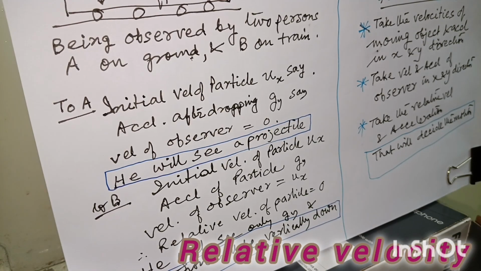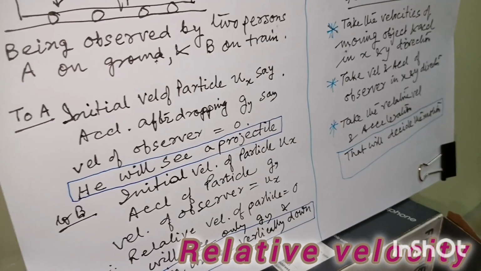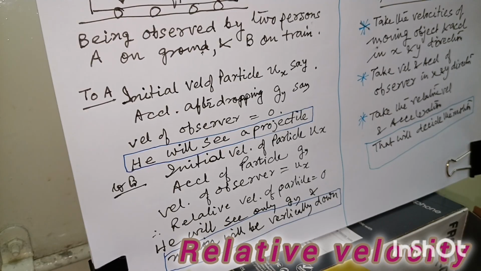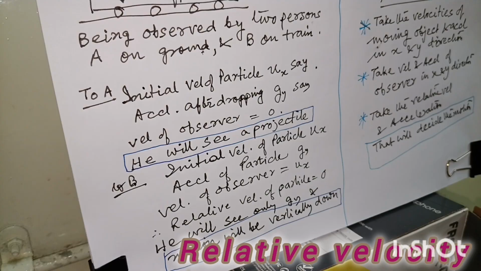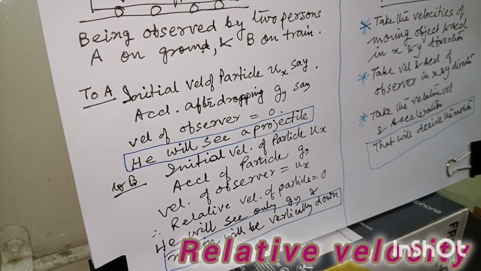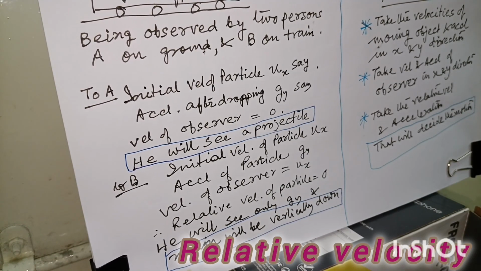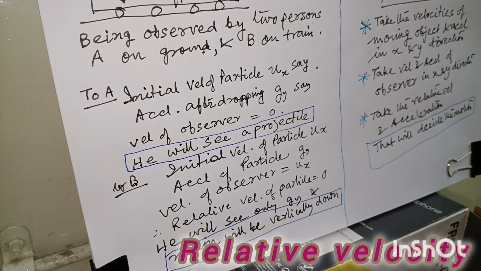That means if we deduct that, ultimately there will be only one g associated with the particle being dropped downwards. So he will see only that g, and so he will see a vertically downward motion. That means the motion will be a straight line for him, but for A the motion will be a projectile. So this is the difference.